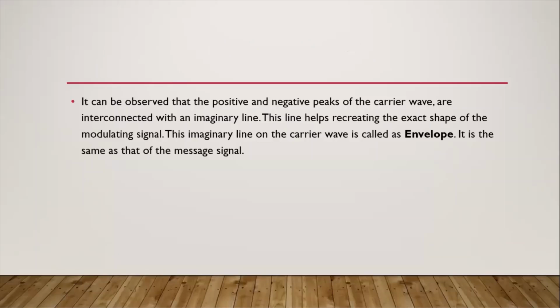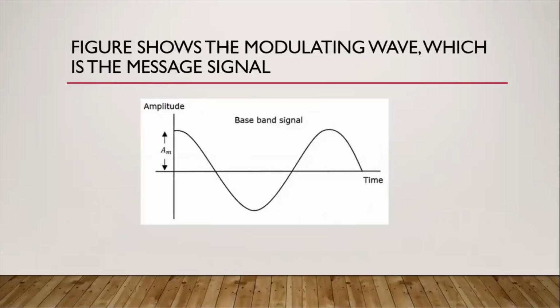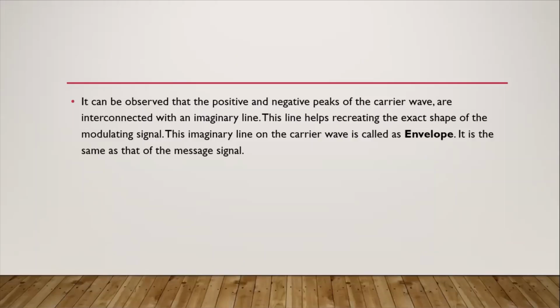As you can see, it can be observed that the positive and negative peaks of the carrier wave are interconnected with an imaginary line. Okay, this line helps recreating the exact shape of the modulating signal. Na-observe natin kanina, meron tayong positive peak at saka negative peak ng carrier wave.